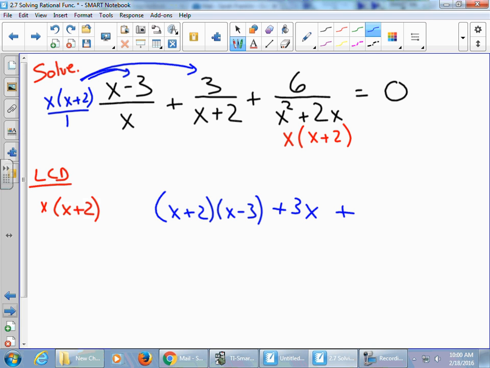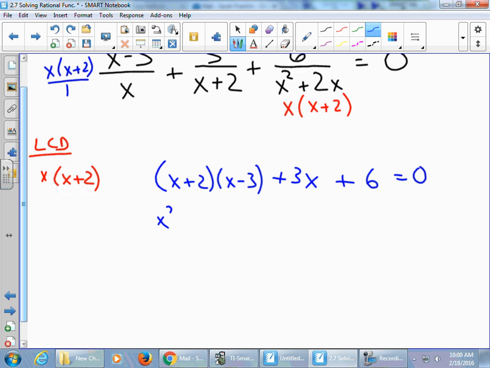Then when I do this, I just get 6. And remember, because there could be a number over there, obviously, that is 0. So then I would do it out. x squared minus x minus 6 plus 3x plus 6. x squared plus 2x equals 0.